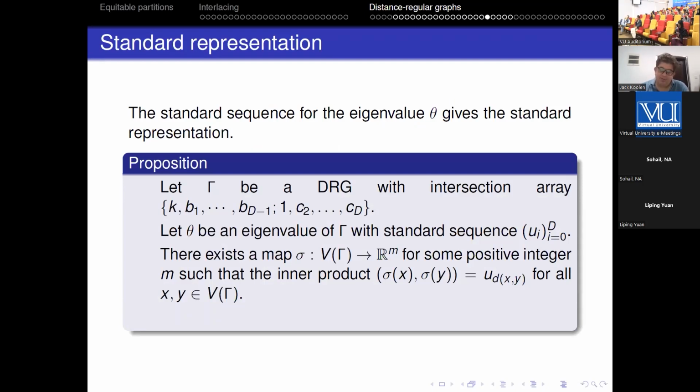Then there exists a map σ from the vertex set of Γ to the Euclidean space of dimension m, for some positive integer m, such that the inner product ⟨σ(x), σ(y)⟩ is exactly u_i, where i is the distance between x and y, for all x and y in Φ(Γ). And we can take m to be equal to the multiplicity of θ.